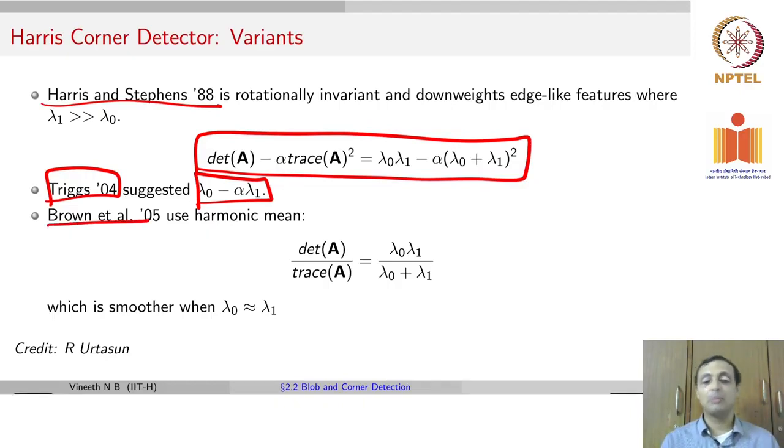A researcher, Brown, and a team proposed the determinant of A divided by the trace of A instead of the determinant of A minus alpha times the trace squared of A.